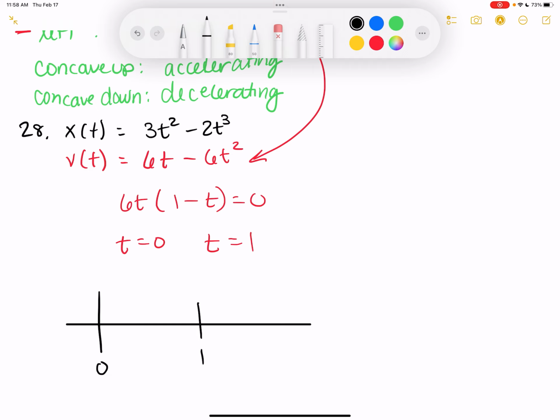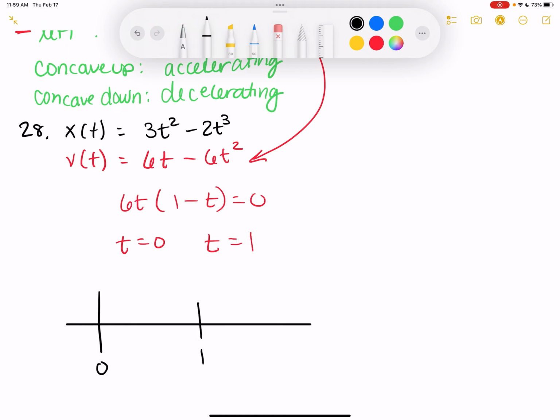So if I were to use, let's say 1/2, what do I have? You're putting this into the original? Yes, into the original. Or, well, wait a second.